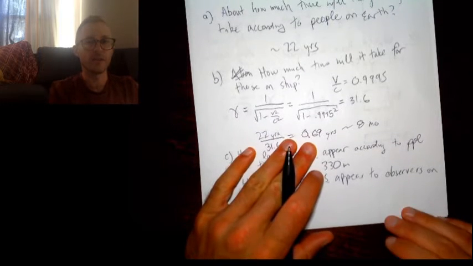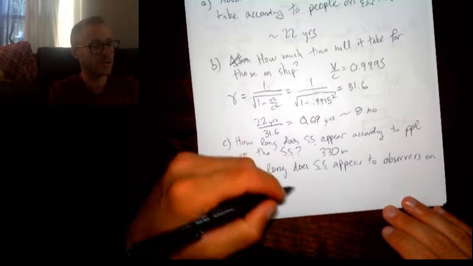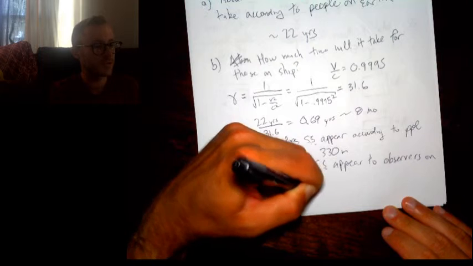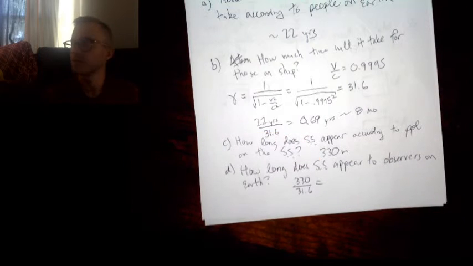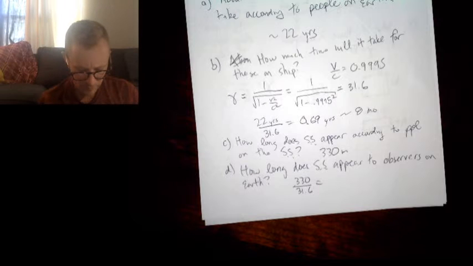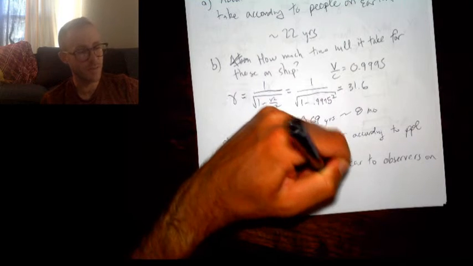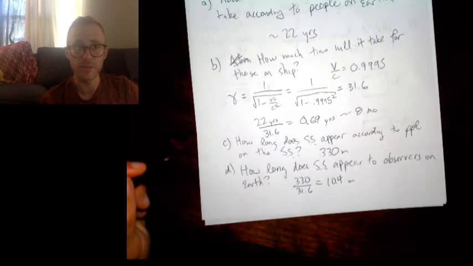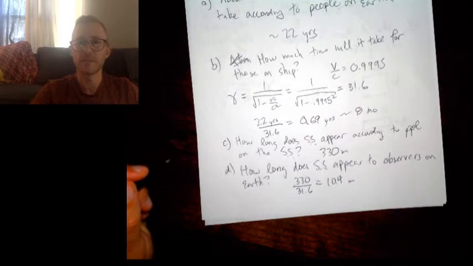So it's going to be 330 divided by 31.6. It's going to be shorter, and it's only going to appear 10.4 meters long. So the spaceship's going to be quite a bit shorter.